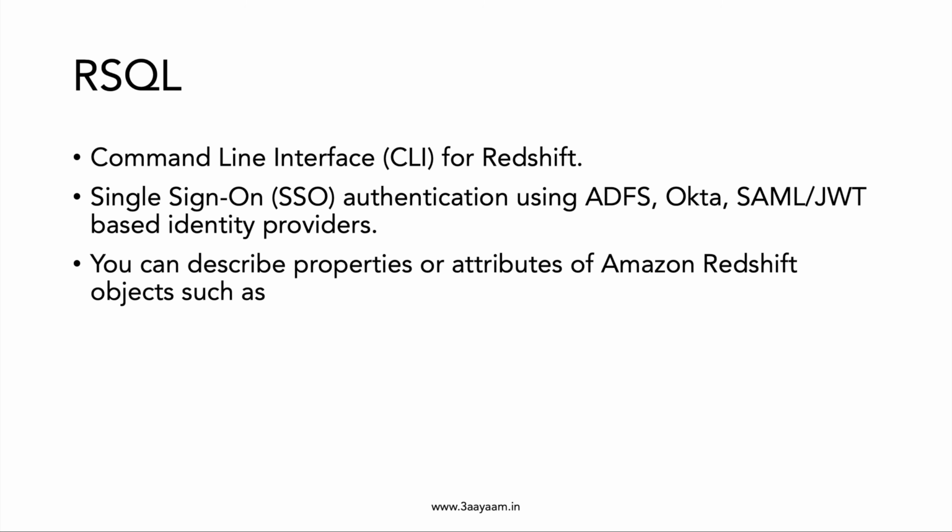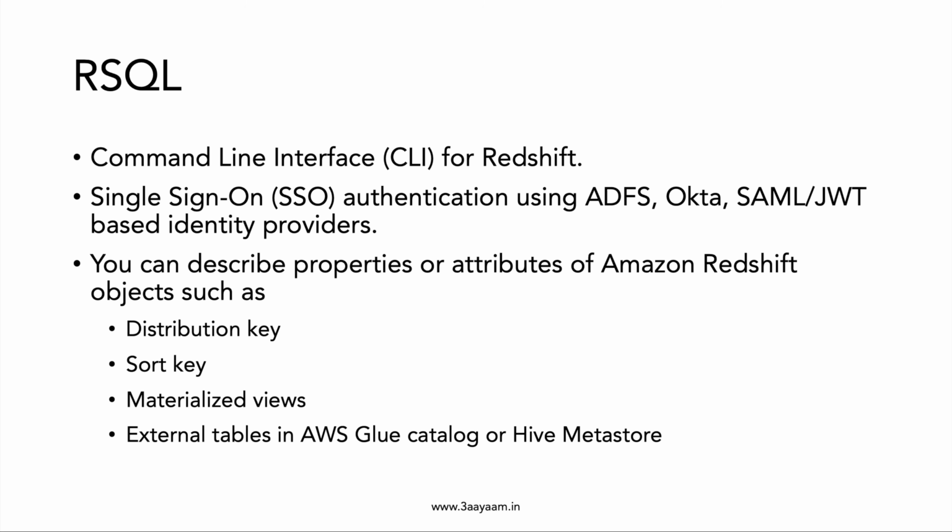You can also describe properties or attributes of Redshift objects such as distribution key. We have not talked about it yet, so don't worry, we'll discuss it in future. Sort key of a table. We can also see materialized views in Redshift, and some external tables which are being referred or created in either AWS Glue Catalog or Hive Metastore.